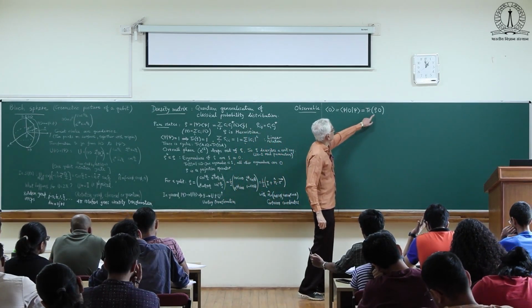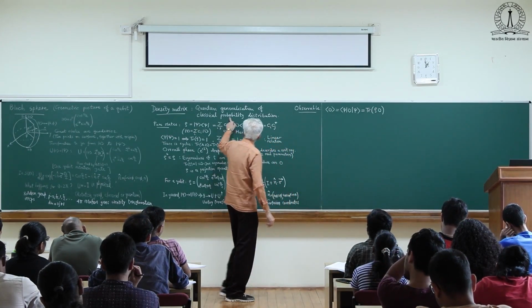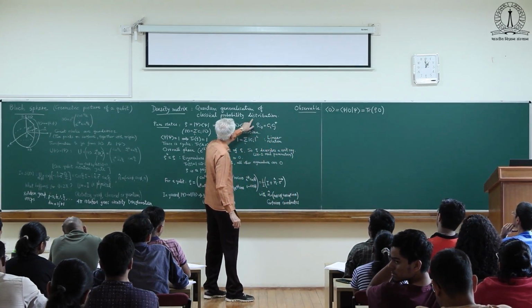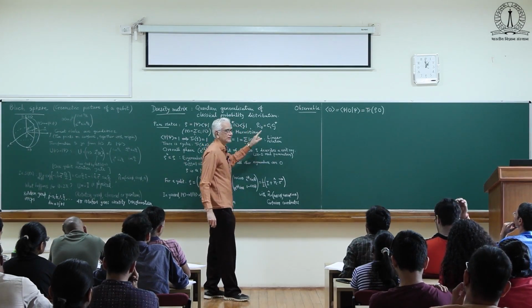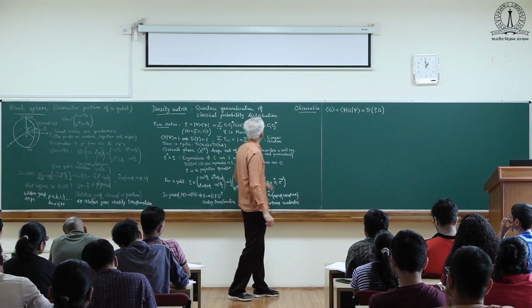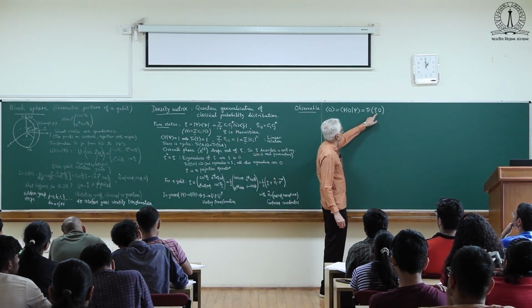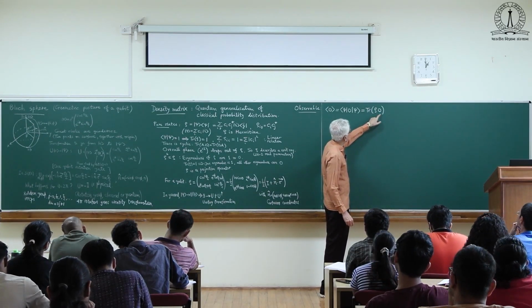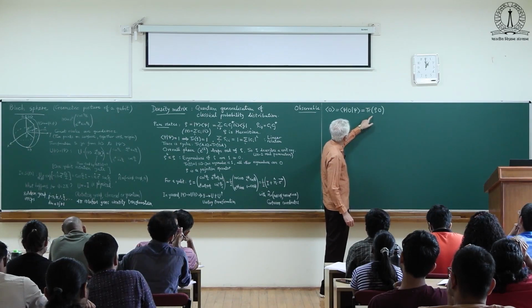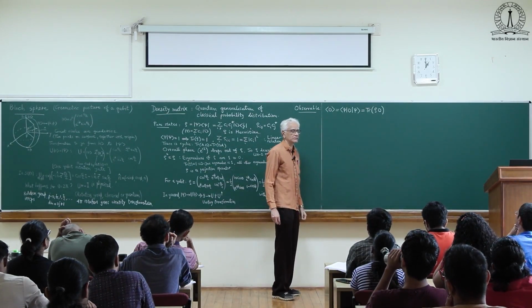And this is the reason that it can be interpreted as a generalization of a classical probability distribution. For any operator O, there will be some weight, and if you combine those two things, then you will get the average expectation value.